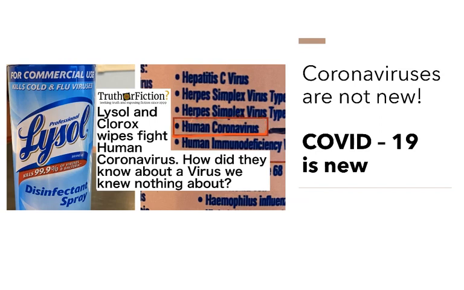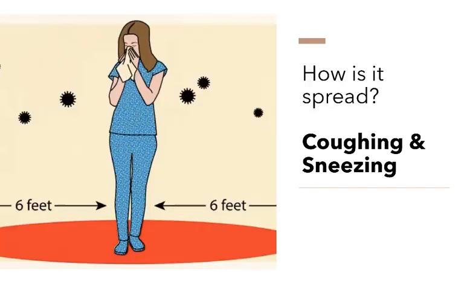Well, the truth is that coronaviruses are not new at all. The only thing that's new here is this new strain called COVID-19, which is the disease that comes from this type of coronavirus. So coronaviruses have been around for some time, but COVID-19, coronavirus disease 19, is what is new for us here.